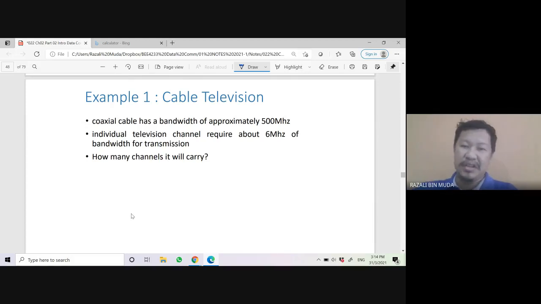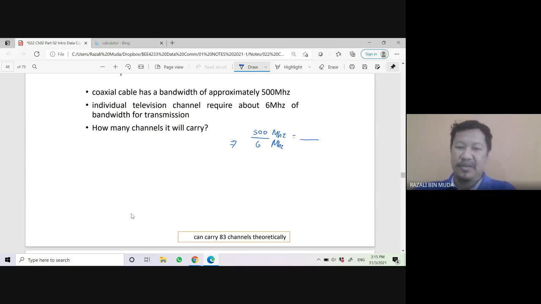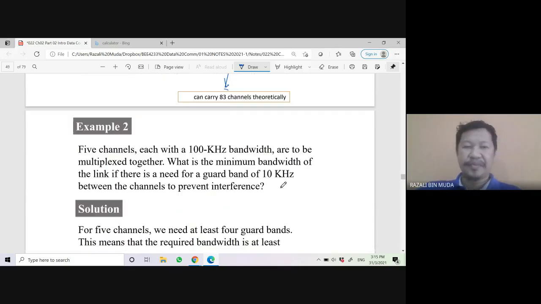So, how do we do this? You can solve it. 500 divided by 6 MHz. This is MHz. So the answer is, basically it can carry about 83 channels by calculation.